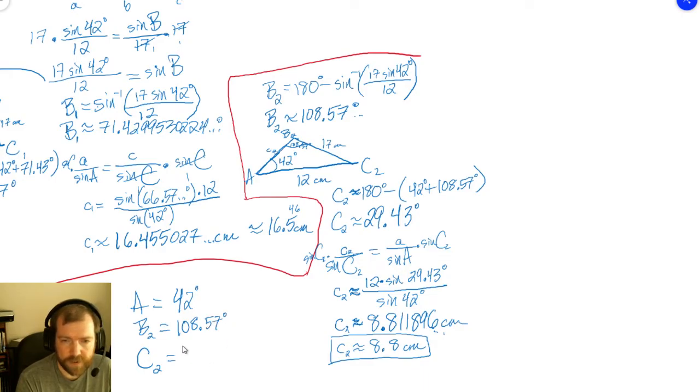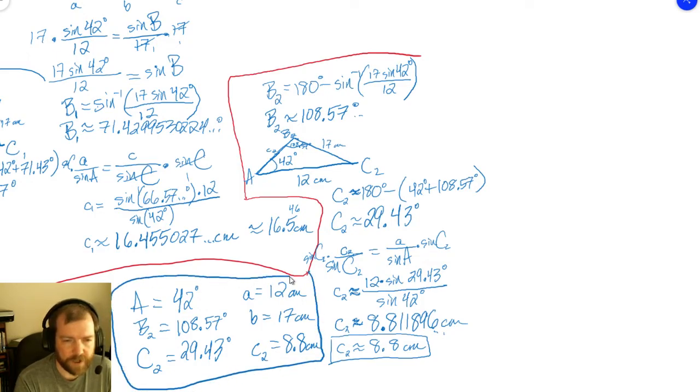C was 29.43 degrees. Little a was 12 centimeters. Little b was 17 centimeters. And little c2 was 8.8 centimeters. So here's our second triangle with the obtuse angle.